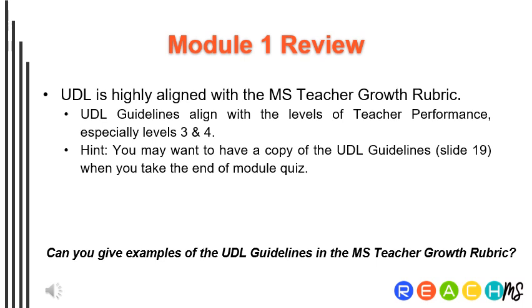Just as a hint, before you take the end of module quiz, you may want to have a copy of the UDL guidelines, which are given on slide 19 in this presentation, because we're going to ask you about examples of the UDL guidelines in the teacher growth rubric.